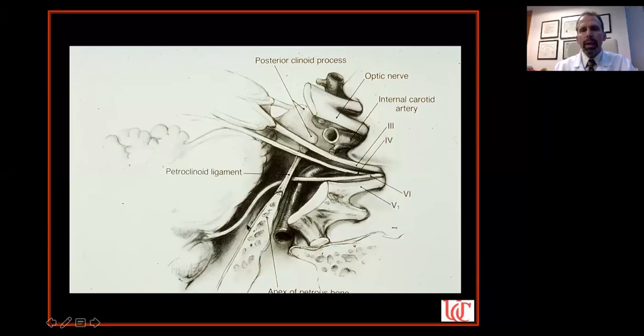There's a place on the clivus where both sixth nerves exist in relative isolation. So occasionally I will see metastases to the clivus, clival chordomas, presenting with just isolated bilateral sixth nerve palsies. If you see something you think is bilateral sixth, look closely at the clivus.